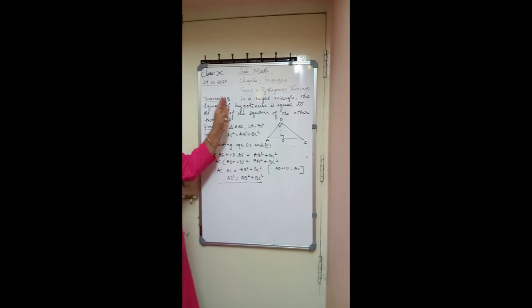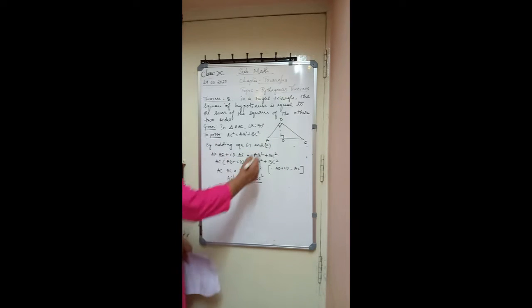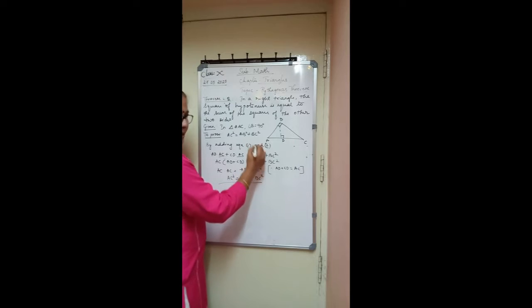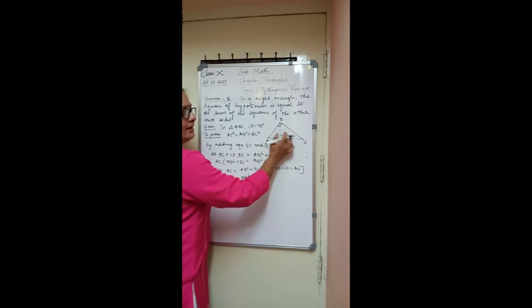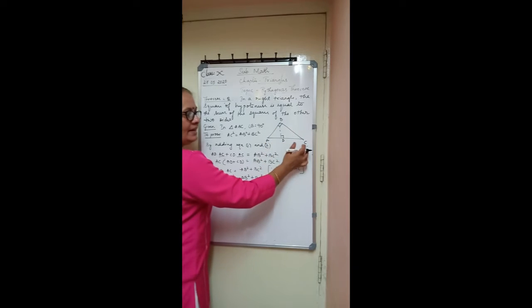So once again, in a right triangle, the square of the hypotenuse is equal to the sum of the squares of the other two sides. Now, see here, ABC right angle triangle. Draw BD perpendicular to AC. You will get two right triangles, ADB and BDC.